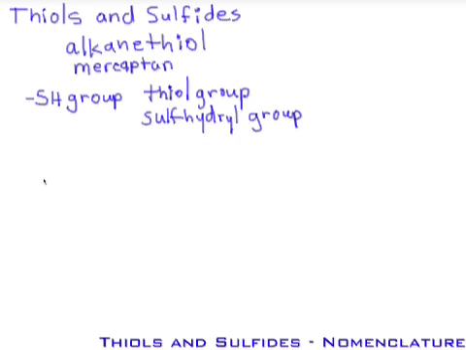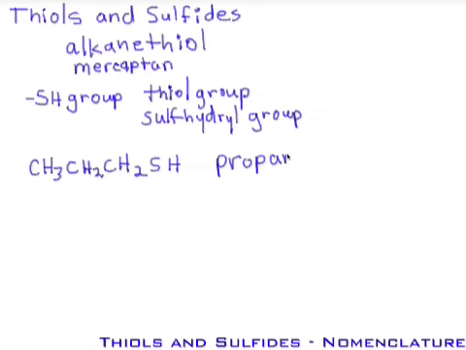So let's try some nomenclature. CH3, CH2, CH2, SH. Okay. This is propan-1-thiol, or 1-propanethiol.